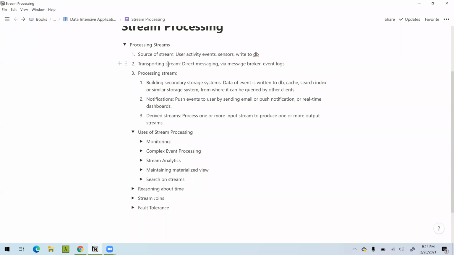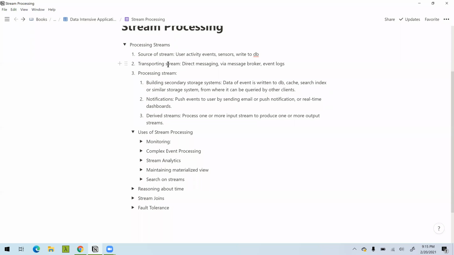Now, once you have transported the streams, you would want to do something with your stream, right? You would want to process your stream. There are three main reasons why you would want to process your stream. One is that you are building a secondary storage system out of your stream.